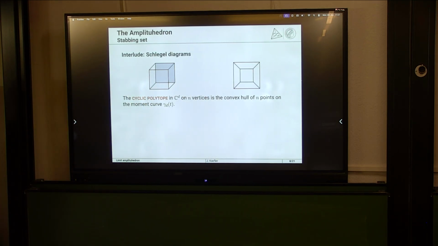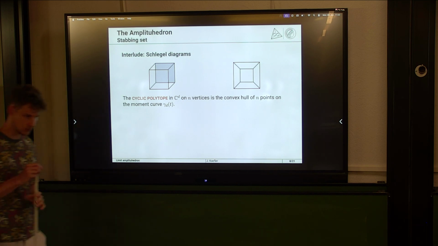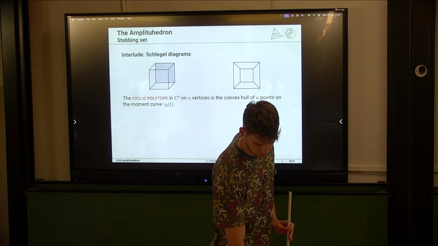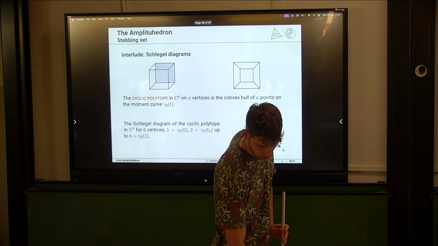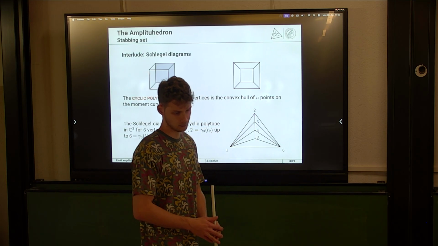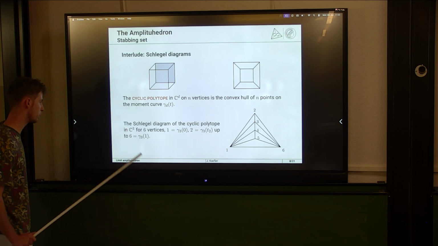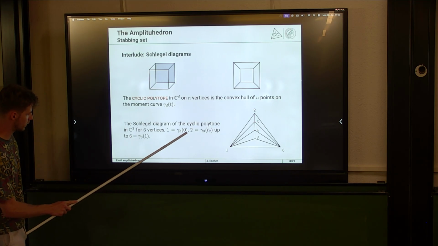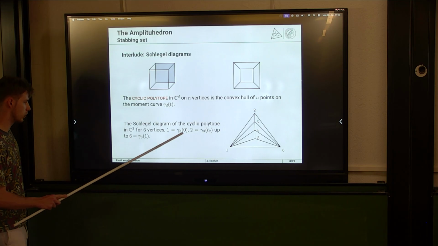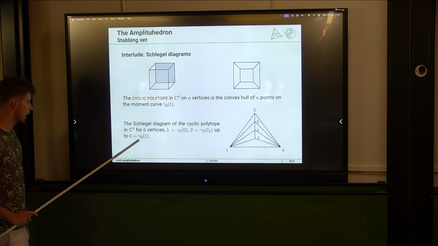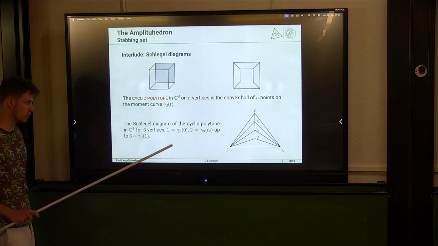So for me, the cyclic polytope is, in d-dimensional real space, I choose n vertices on the moment curve and take their convex hull. That's the cyclic polytope for me. The moment curve is labeled by gamma_d. And then the Schlegel diagram for 6 vertices on the moment curve in R^3, where I fixed the first point to be the 0 point in the moment map, and the 6th point to be the 1 point in the moment map.